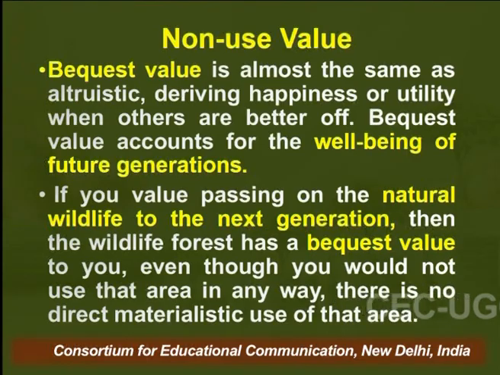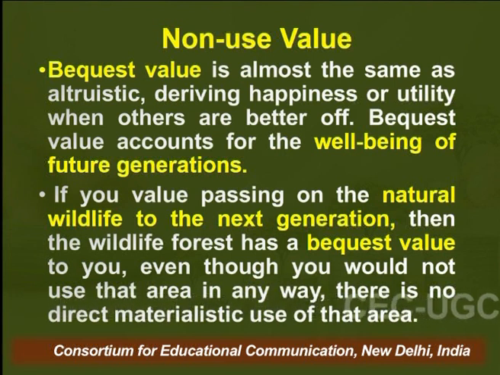Now the third type of non-use value is bequest value. Bequest value is almost the same type of value as altruistic value. It is deriving happiness or utility when others are better off. Bequest value accounts for the well-being of future generations.